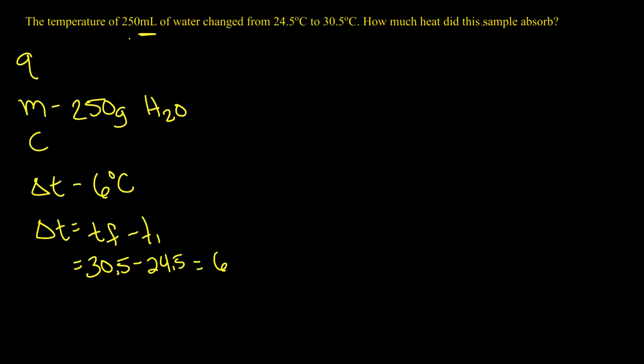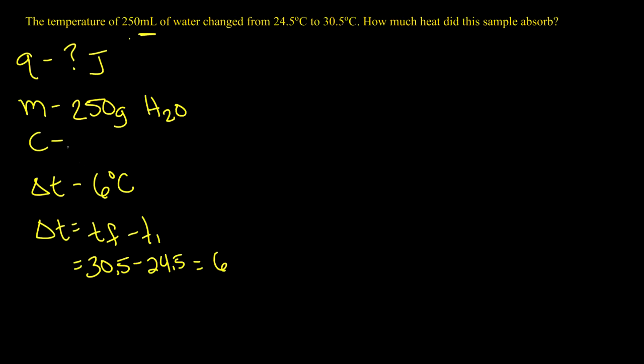How much heat did this sample absorb? That means I'm looking for Q. How many joules did it absorb? I'm missing a variable, C. What's C? Well, C is specific heat of my substance. This substance is water, so I'd go to a chart or I'd look in my notes for the specific heat of water.